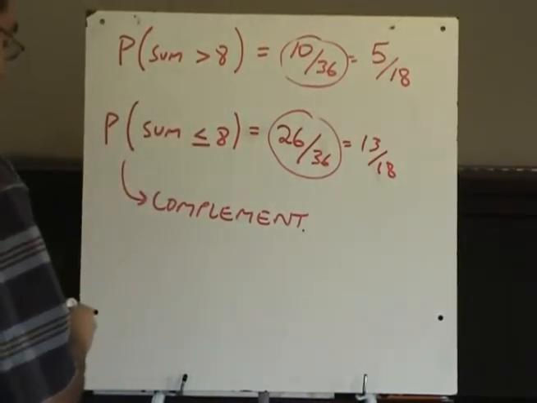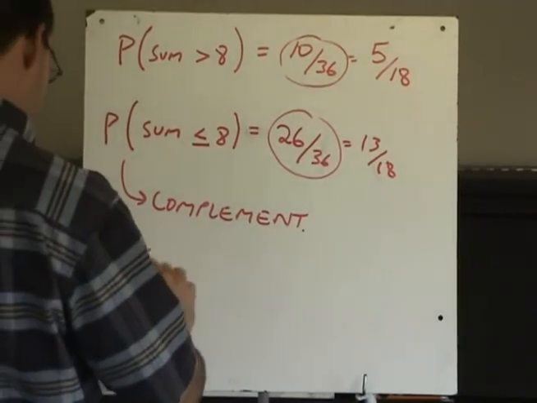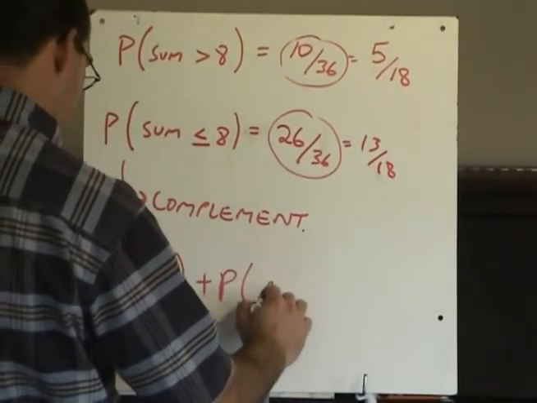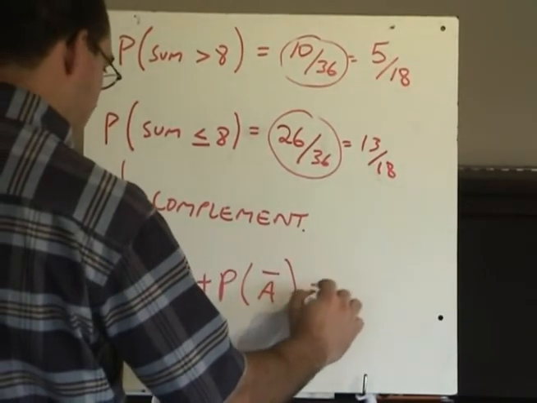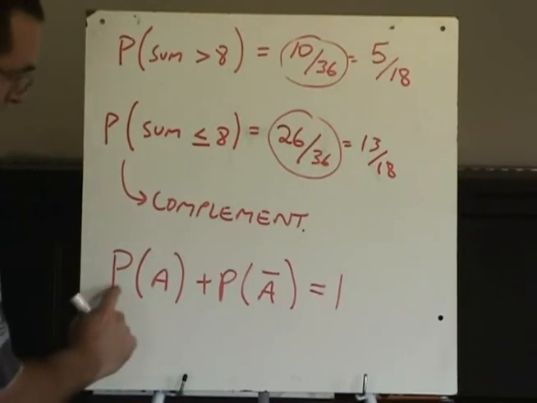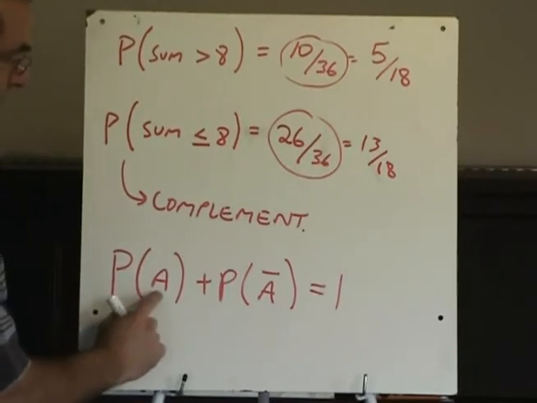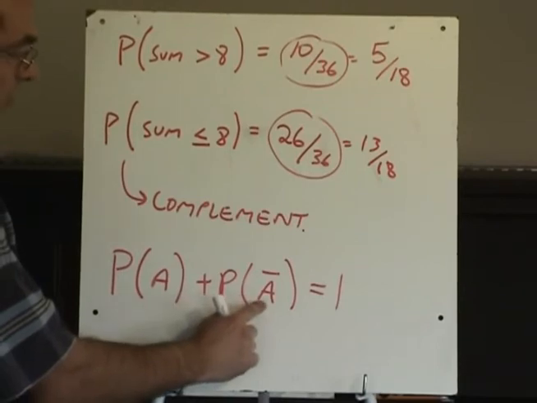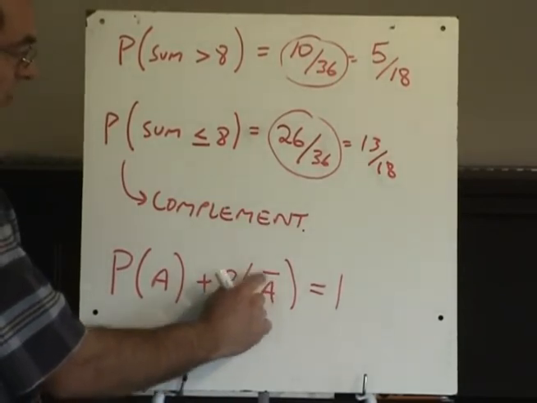And we can use some notation here to say this. The probability that event A occurs plus the probability that event A does not occur. So see this A with the little bar above?